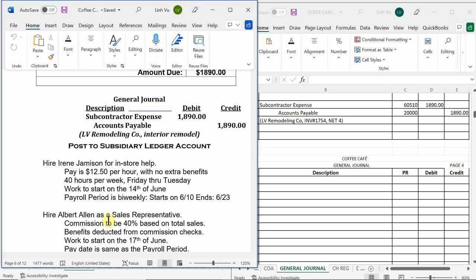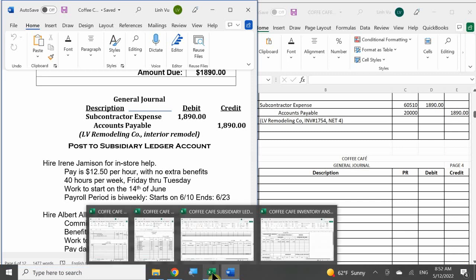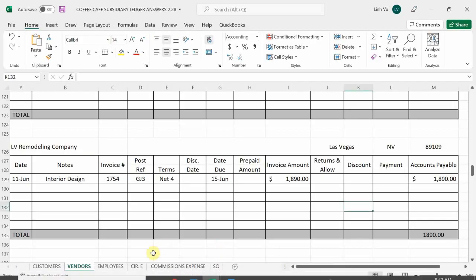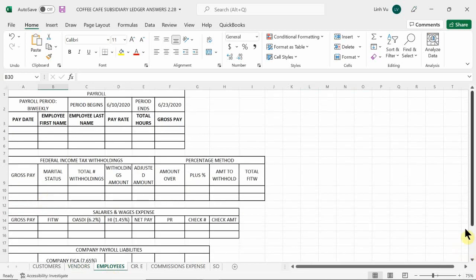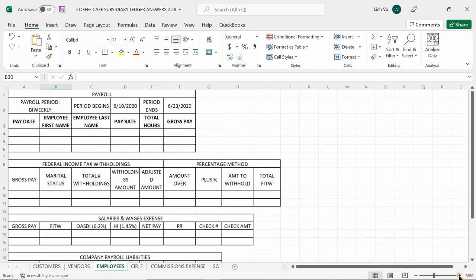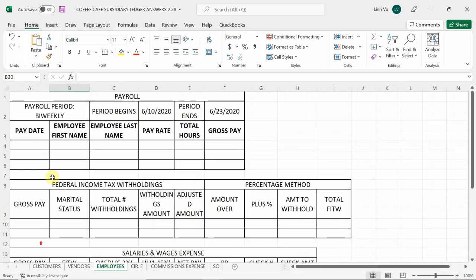So in this case, if we go to the subsidiary ledger, you have a tab for employees. So who did we hire? Irene. Okay, so we hired Irene Jameson. Pay date, we already know it's going to be on the 28th. We just talked about that.